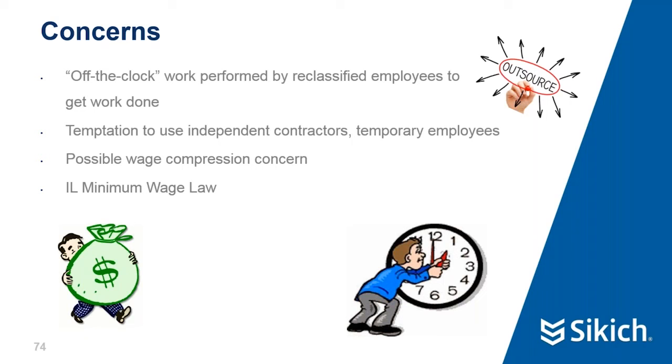Or what about the long-term employee that is working alongside a newer employee, and that newer employee mentions that they just got a big bump thanks to President Obama, and somebody sitting next to them says, I've been here all these years and I am making the same amount as you. So you could run into quite a few problems with that. And you also want to check your minimum wage law.